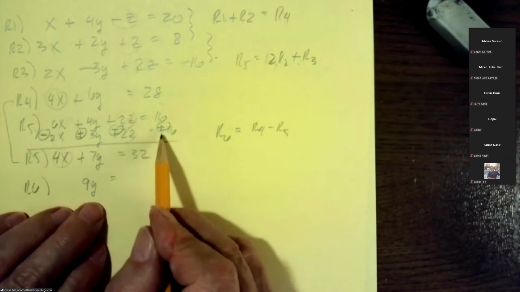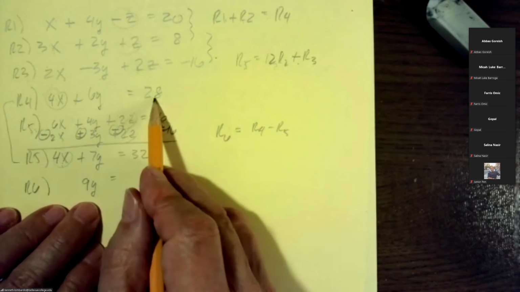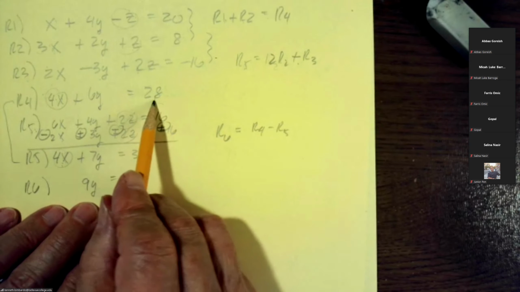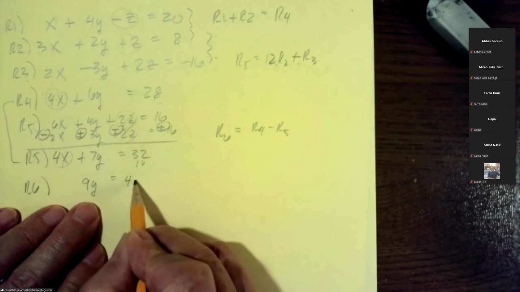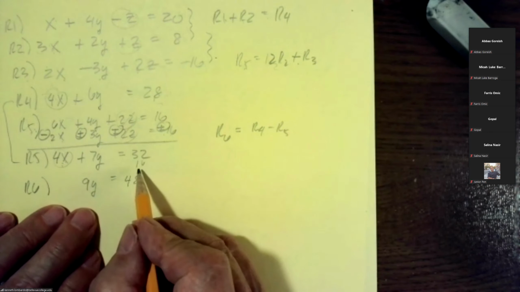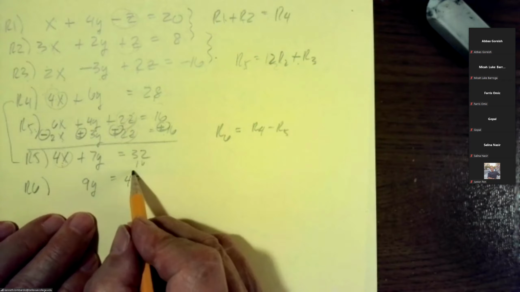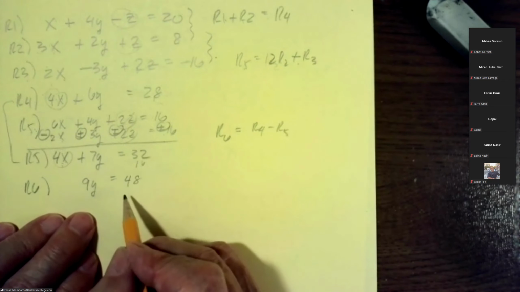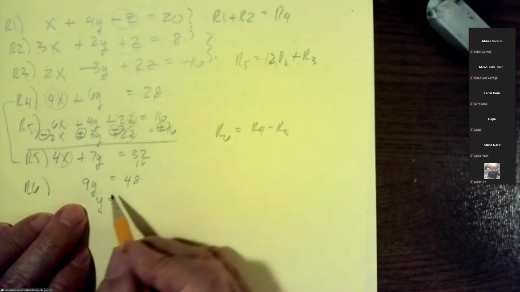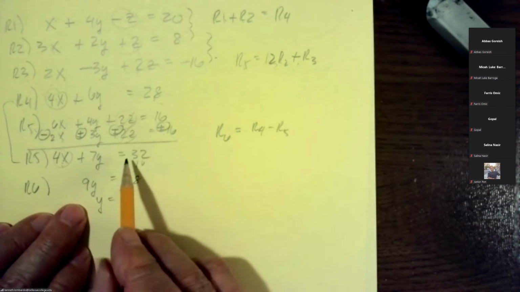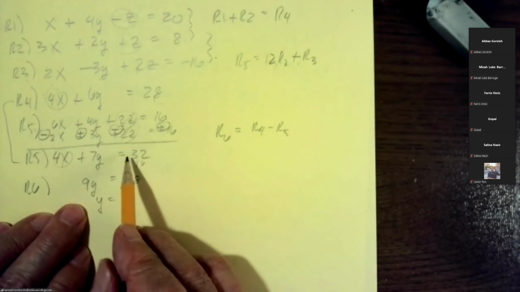And what do I have here? 16 and 28. Looks like that's 48. Is that what you guys get? My arithmetic is correct here. So y equals... I don't think my arithmetic is right here. I did something wrong.